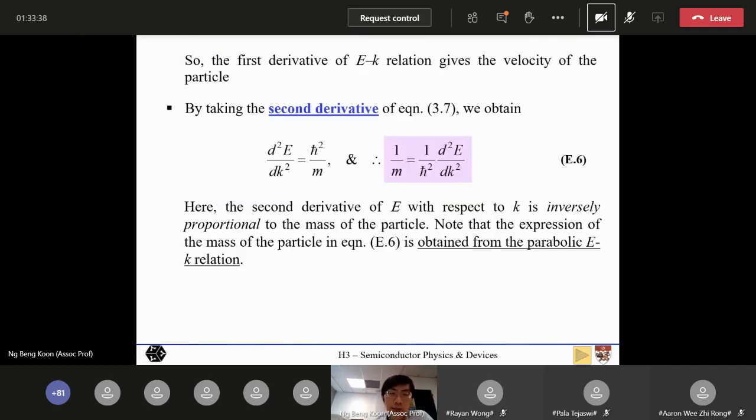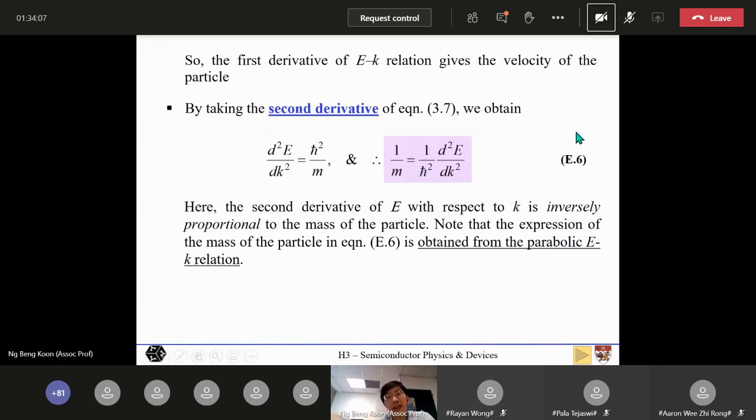If you differentiate again, the k disappears, because differentiating k gives 1. The second derivative of the E-k diagram gives us just ħ² over m. We rearrange this and write m in terms of the other quantities, so we get this mass derived from the second derivative of the E-k diagram. So the mass behavior can be derived from the E-k diagram.